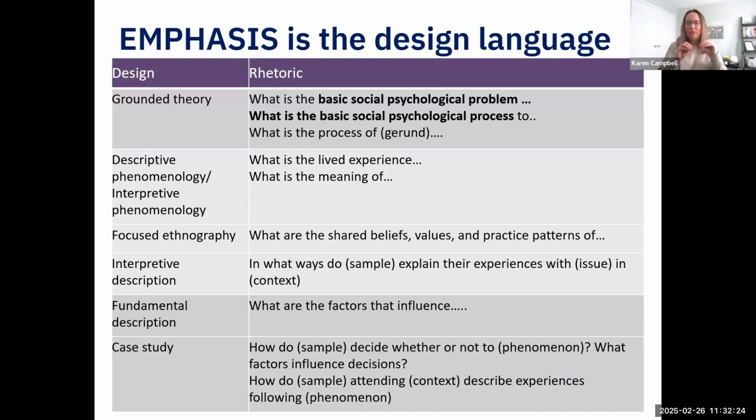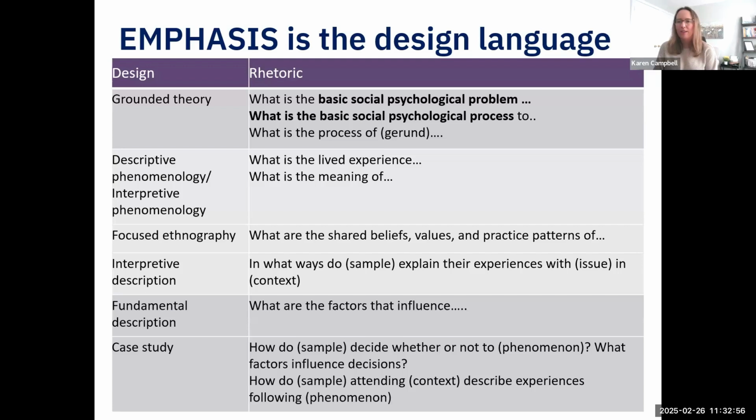So oftentimes we'll see the beginning of the questions worded in these ways. What is the basic social psychological problem? What is the basic process to, or what is the process of? And gerunds, if you're not familiar with the word, is essentially an ing word. So what is the process of letting go after, or accepting after, the diagnosis of a chronic condition?